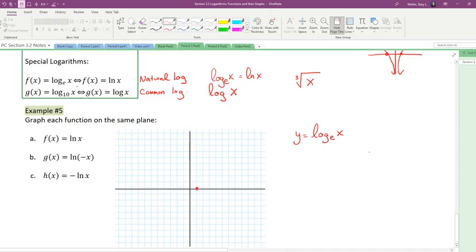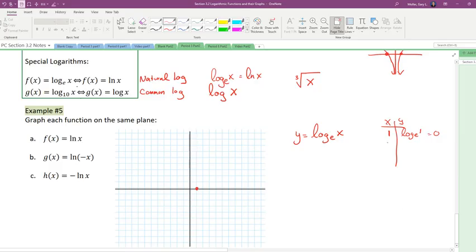If I make a table of values and plug in 1, I'm asking what is log base e of 1, which means e to what power is 1? That would be 0. So we've still got the point 1, 0.